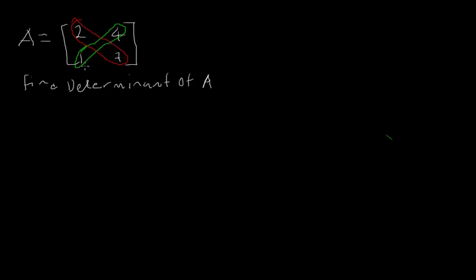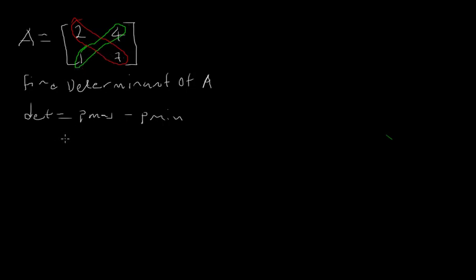To find the determinant of any matrix, it is given by the product of the major diagonal minus the product of the minor diagonal.